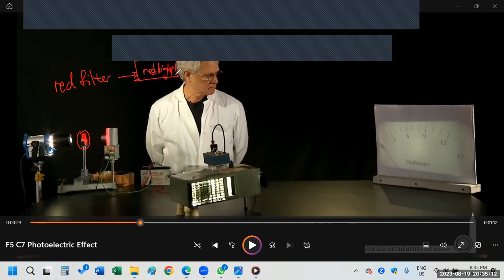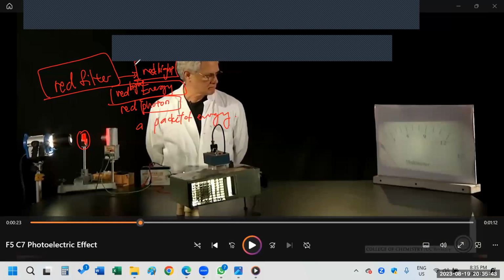So red light actually got energy: red energy, red photon, red quantum energy. We don't say red light energy. We say red photon because photon is a packet of energy.